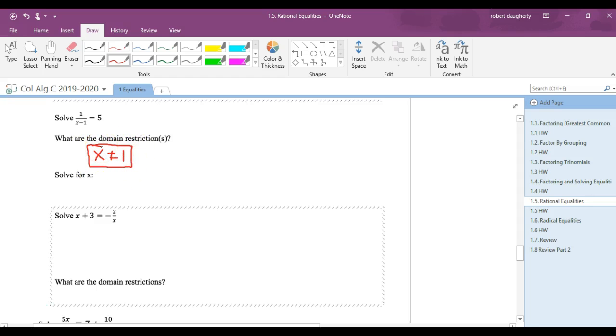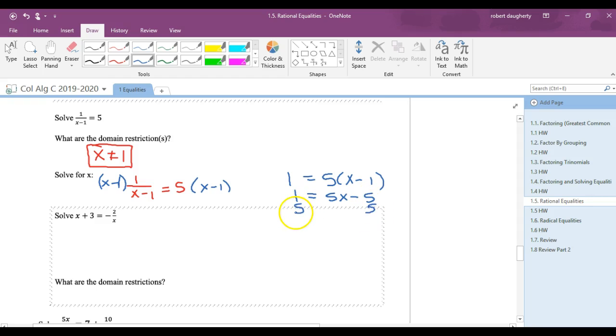Okay. To solve for x, you've got 1 over x minus 1 equal 5. Multiply both sides by what? Yeah. When you multiply both sides by x minus 1, then you end up with 1 equal 5x minus 1. 1 equal 5x minus 5.